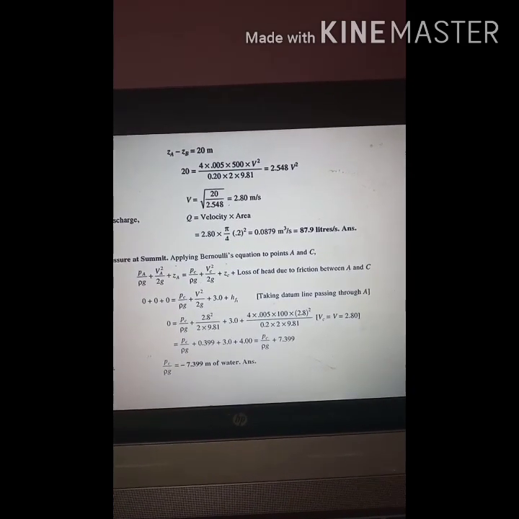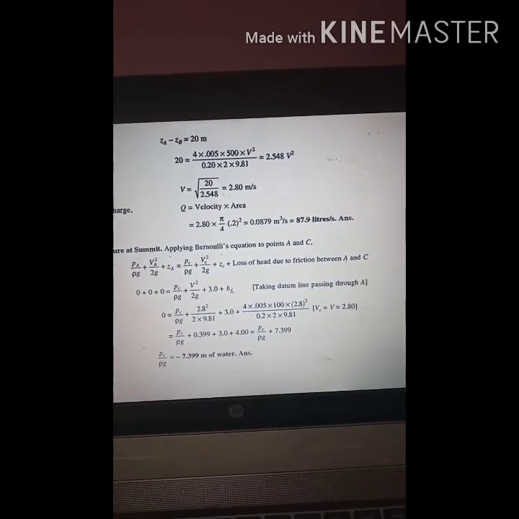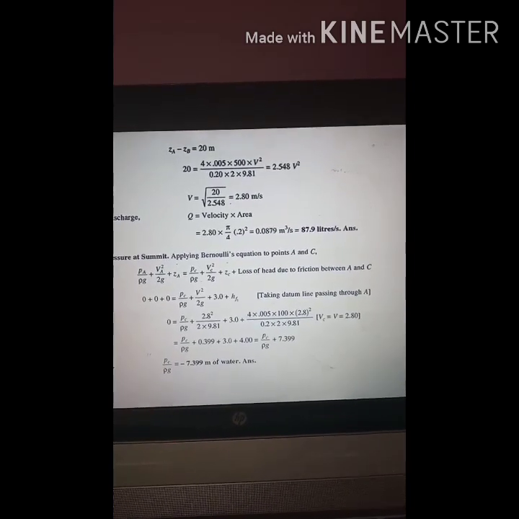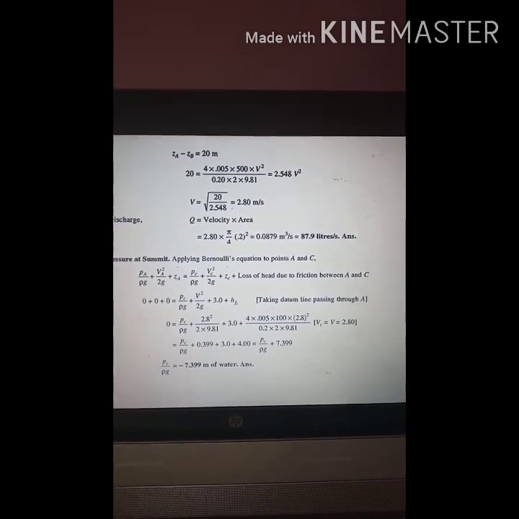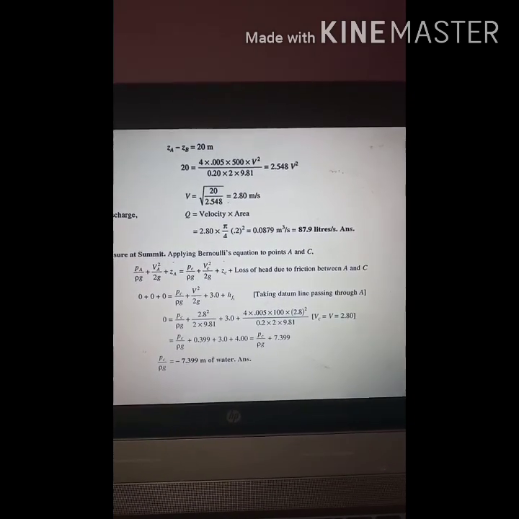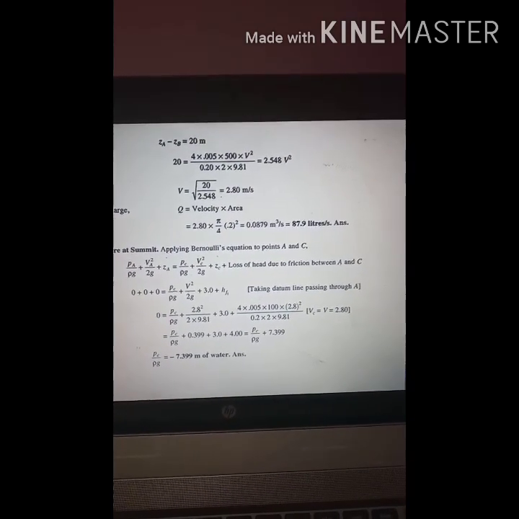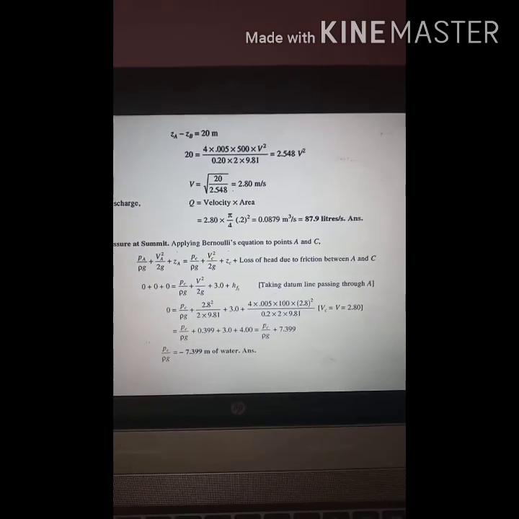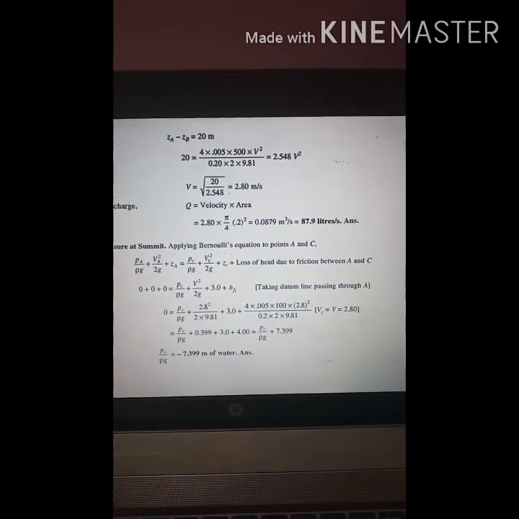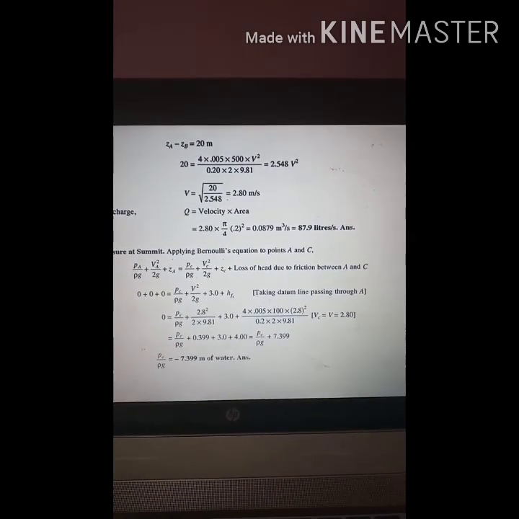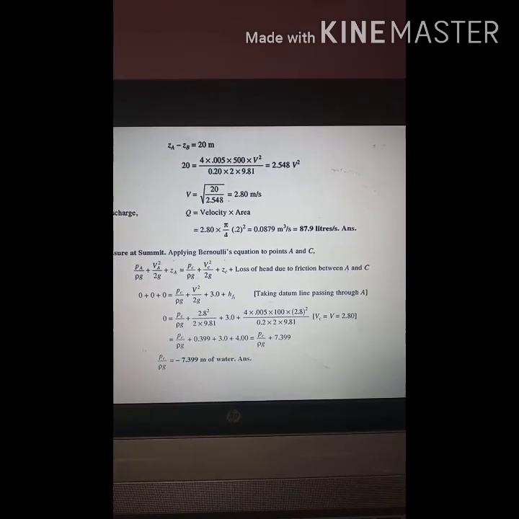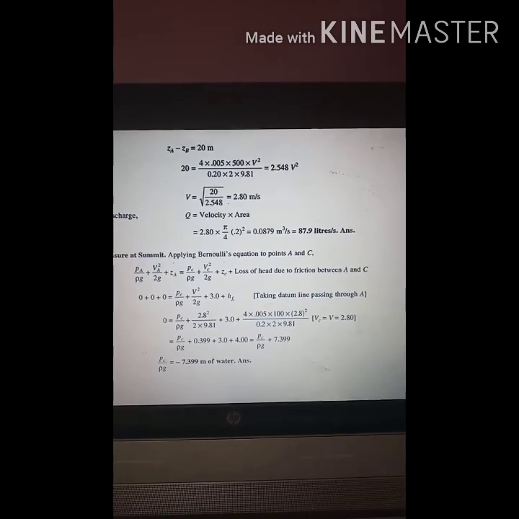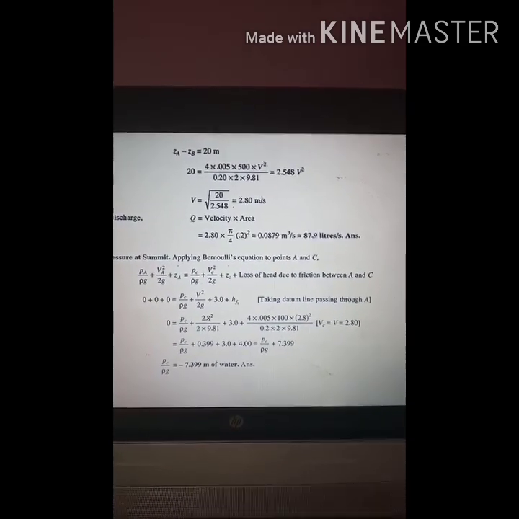If it is going less than 7.6, then there will be problem. So now minus 7.399 is greater value than minus 7.6, so you are in safe zone. If it would have been coming as minus 7.8 or minus 7.9 meter of water, then the phenomenon of cavitation would have started.